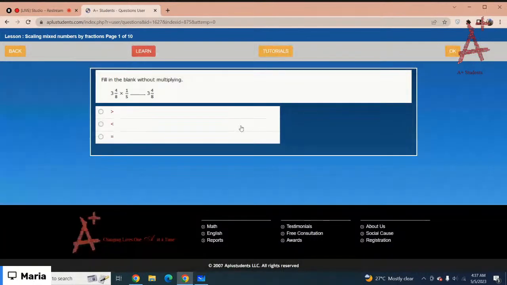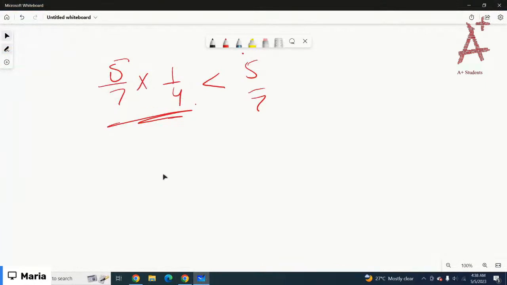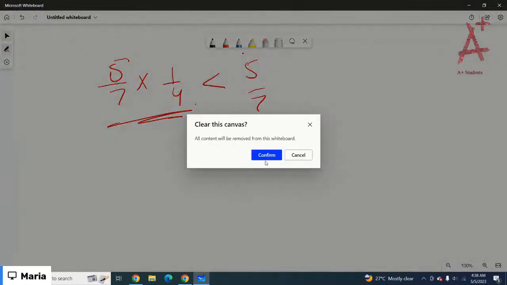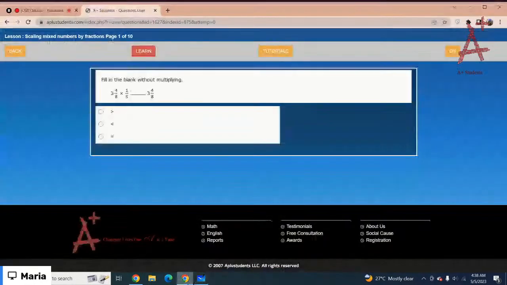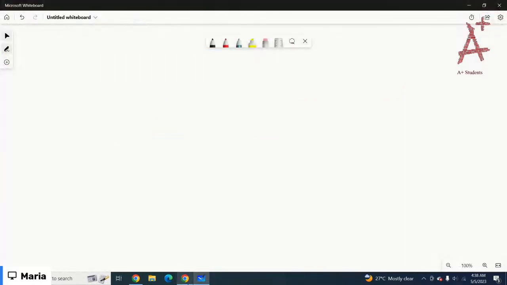Let's just start with the test question. The first one is 3 whole 4 over 8 times 1 by 5, and you have to compare it to 3 whole 4 over 8. Okay, just look at this one, 1 by 5. That would be 0.2. It is less than 1. Got it?